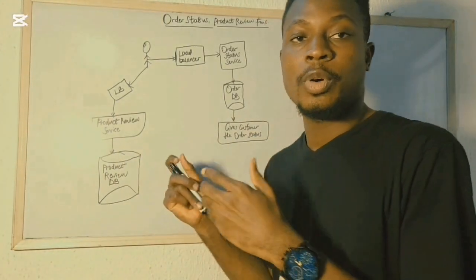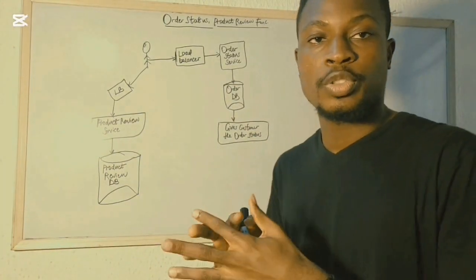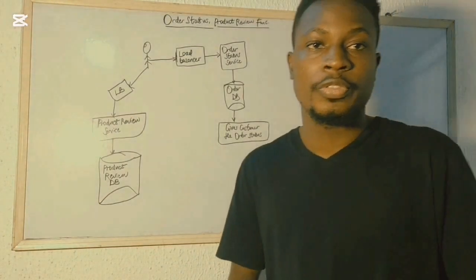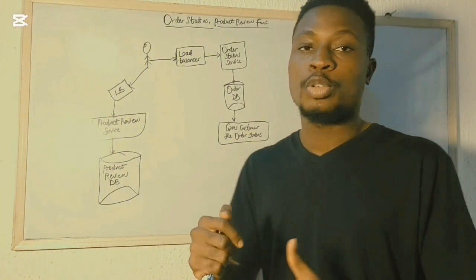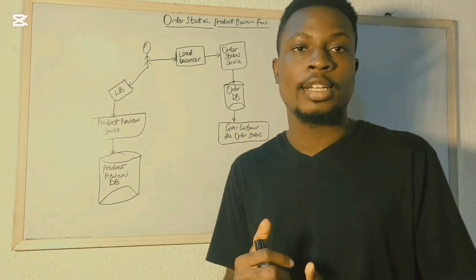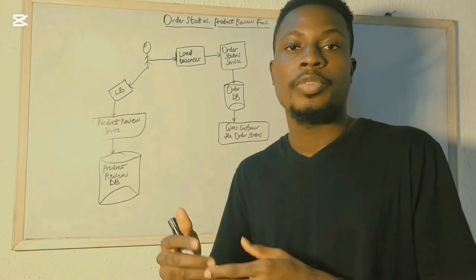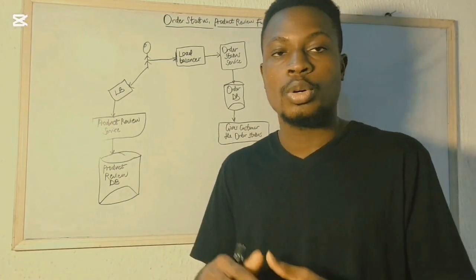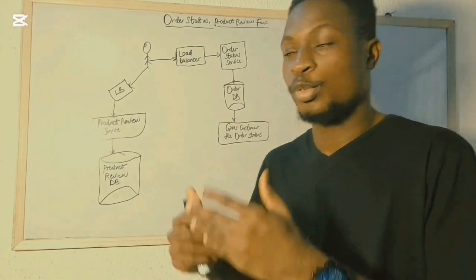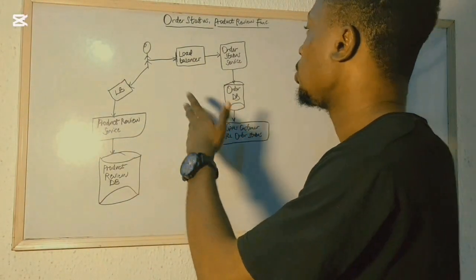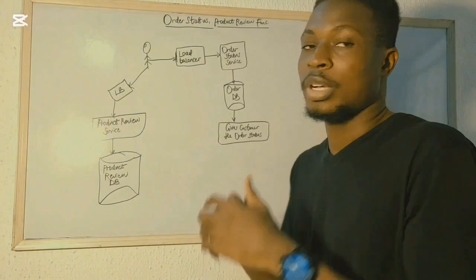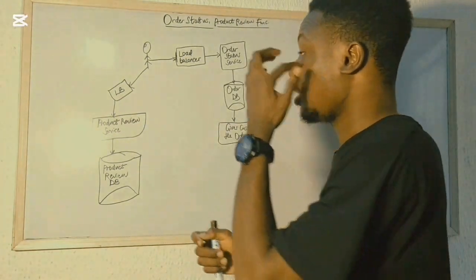So this is the design for our order status functionality and our product review functionality. Let's say you've placed an order and you are trying to see the status of your order, if it has been shipped, if it's been delivered, or whatever the status may be. Say you try to check the order status of the cap that you just placed an order on.